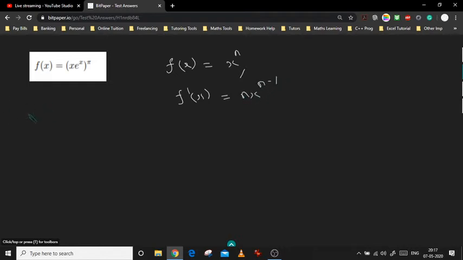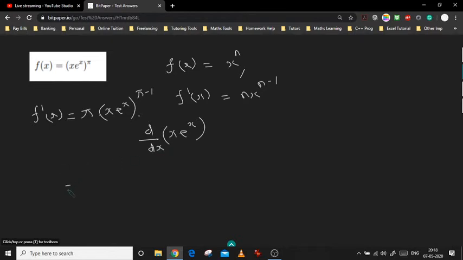In the same way I have to differentiate this one. f dash of x is equal to, I take the pi, put it in front and multiply with x e power x to the power pi minus 1, and since it's a composite function, you have to multiply with the differentiation of x e power x.